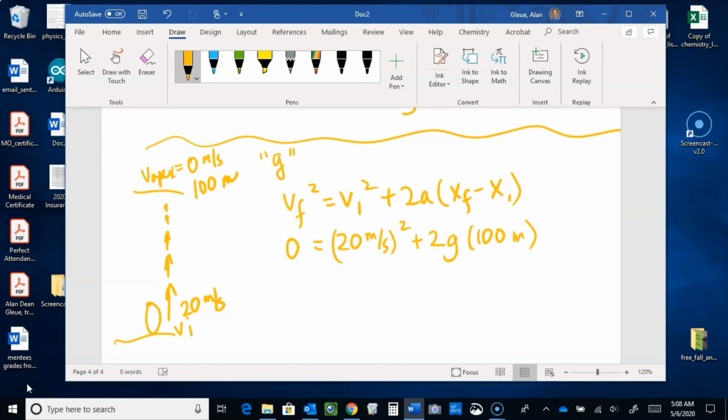Okay, so we have this calculation. We'll square the 20 and put it on the other side. So that's going to be minus 400 meters squared per second squared. That's going to equal 200 meters times your g, and we're left with the g of negative 2, and one of our meters cancels, so we're left with meters per second squared, or meters per second per second. So on this planet, if we could throw a ball at 20 meters per second, and it goes up 100 meters, then that would be our acceleration due to gravity, negative 2.